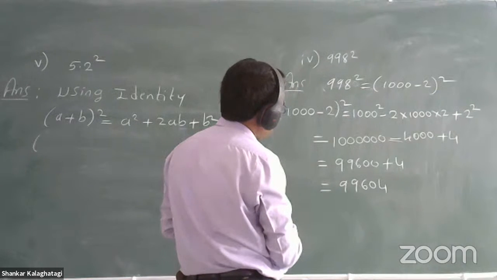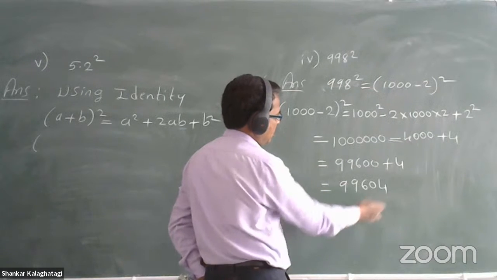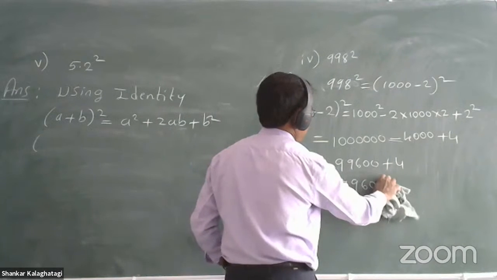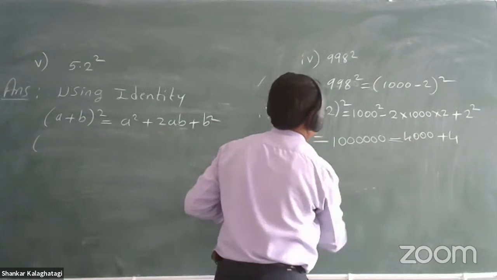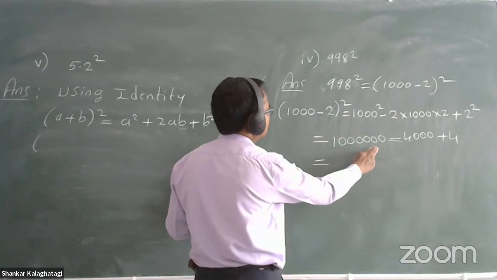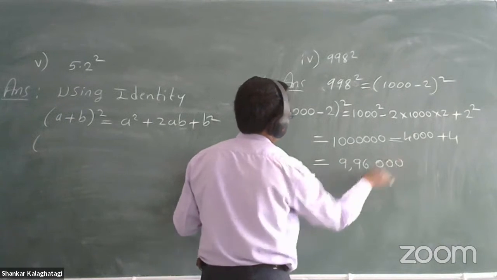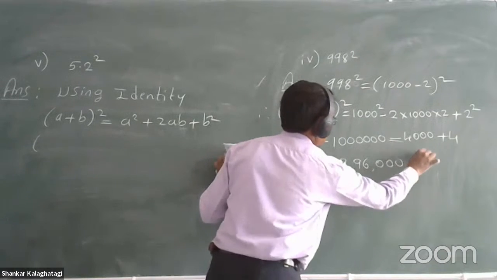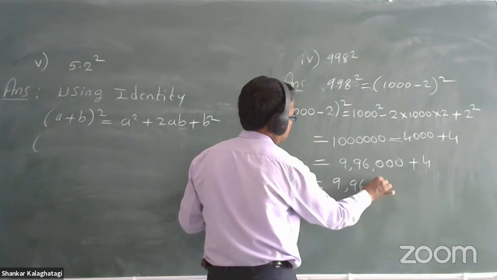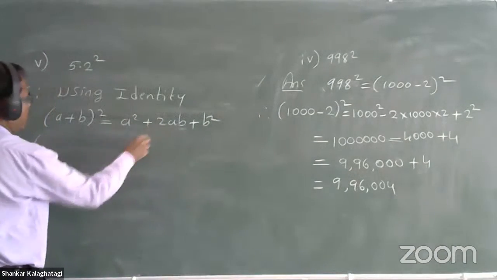Yes, sir, another 0 should come. 9,96,000 plus 4, so 9,96,004.